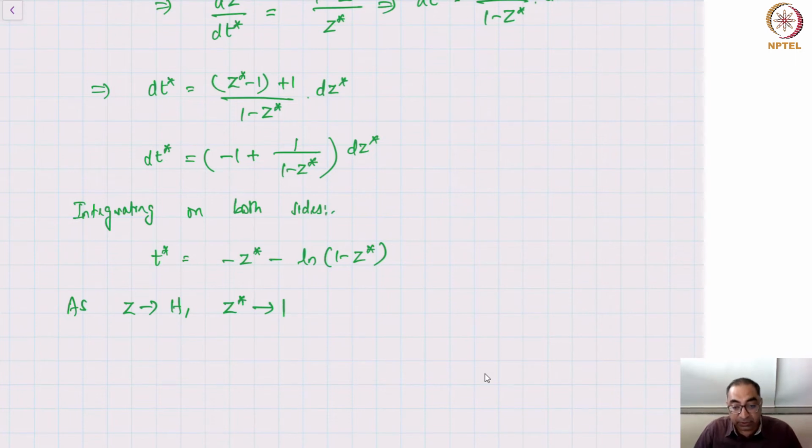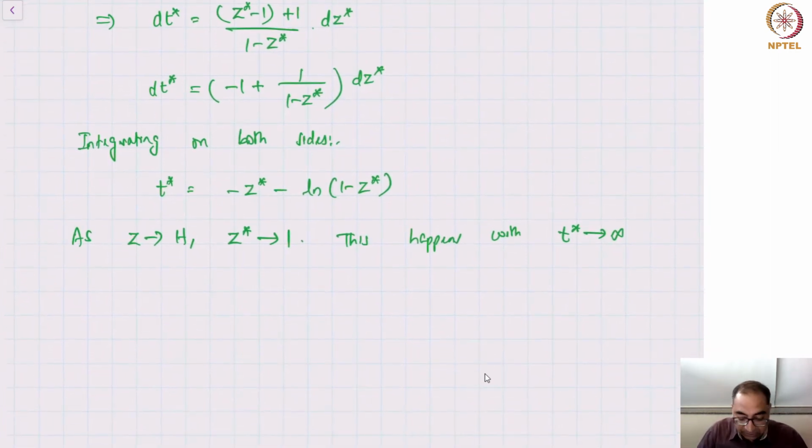It approaches 1 from below, and notice that when z star approaches 1 from below, the right hand side, the logarithmic term diverges. This means that this occurs when t star goes to infinity. Okay, so in other words, when t star goes to infinity, z star approaches 1. In other words, z reaches the final height h.